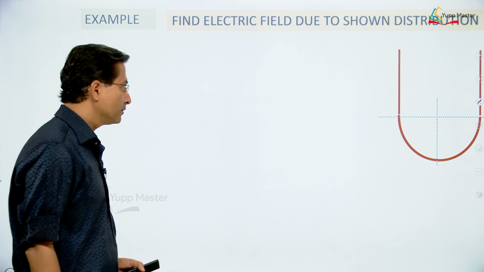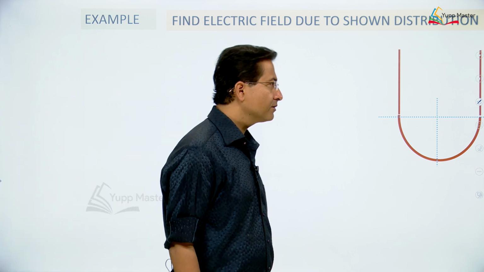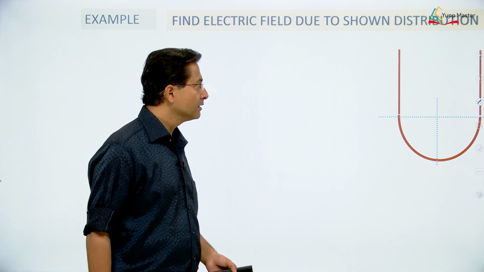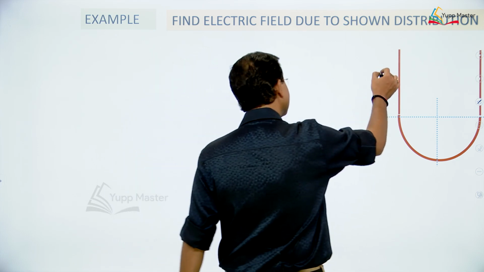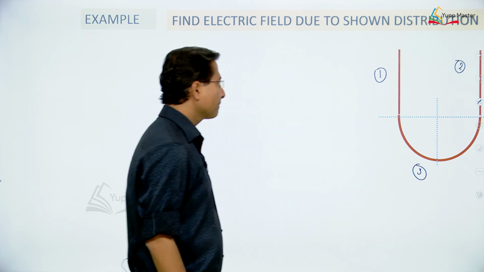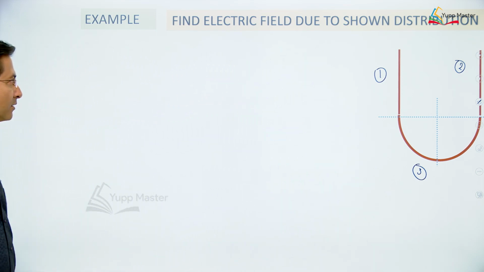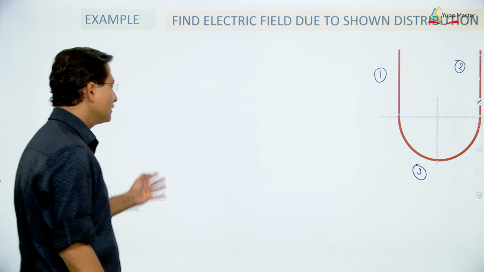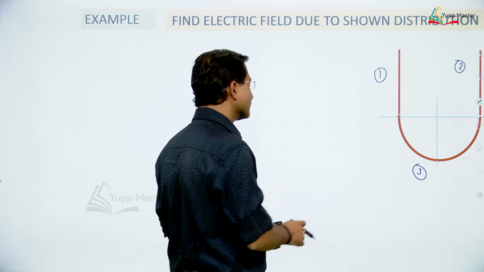Now, see this example, same as the previous one, again it contains 3 segments like segment 1, segment 2 and segment 3, right. So, segment 1 and 2, they will also produce field. We need to find out the field produced by the distribution, right.